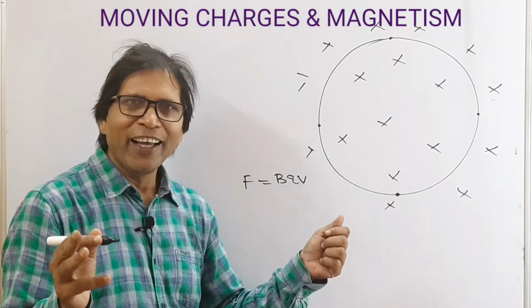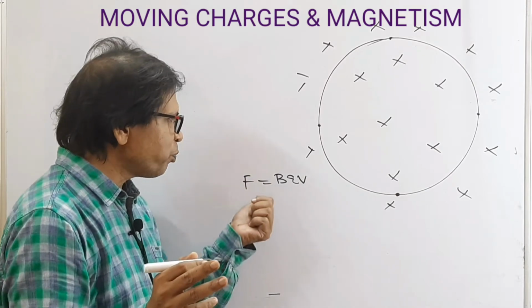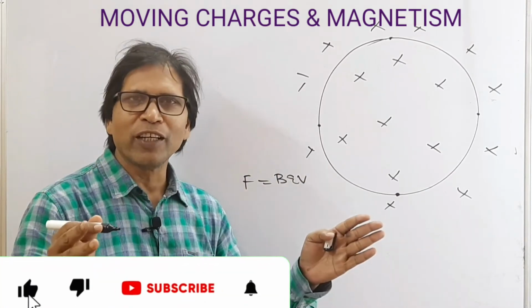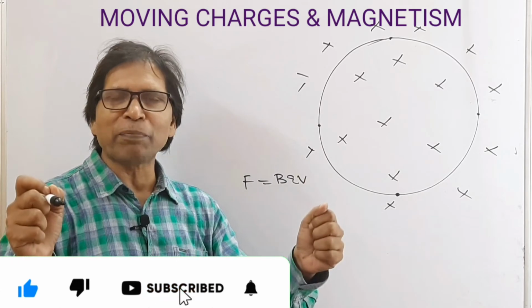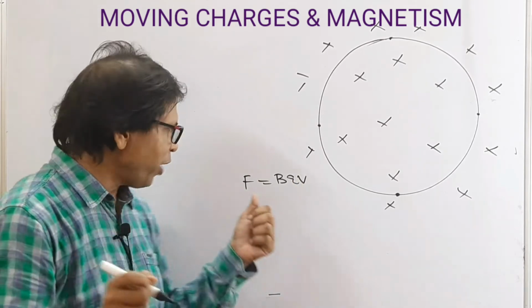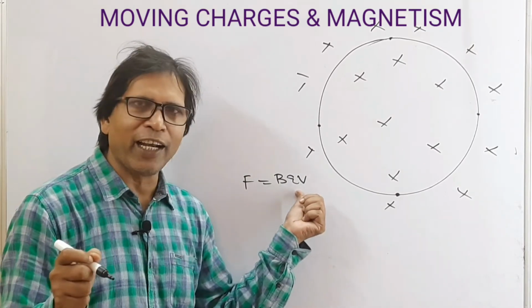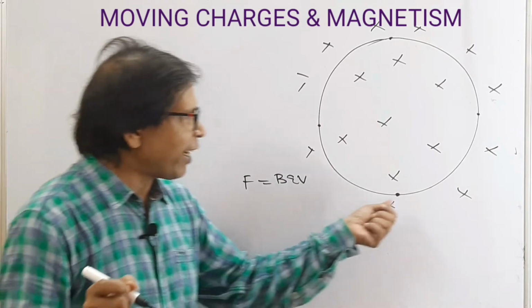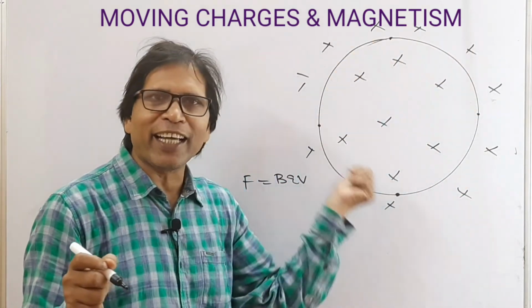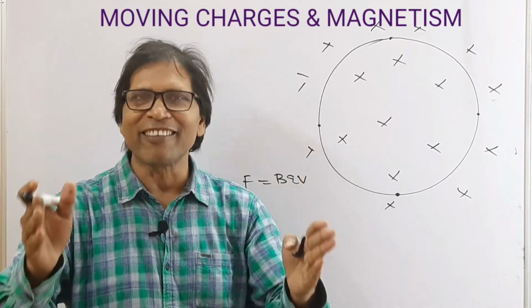That is why the magnetic force is a no-work force. So the speed of the charged particle in a magnetic field remains constant and it provides the centripetal force on the charged particle. So the trajectory of the charged particle in a normal magnetic field is circular.